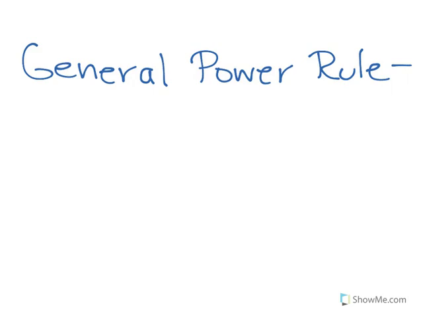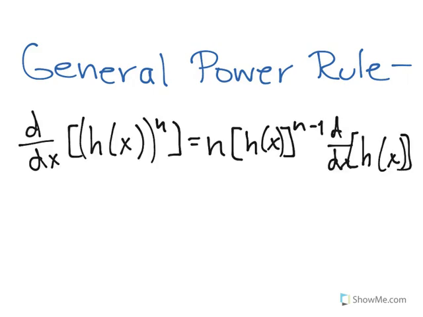The general power rule is as follows: the derivative of some function with respect to x, h of x raised to n, is equal to n times that function, now raised to n minus 1, times the derivative of that function with respect to x. Maybe that's a little bit confusing, but let's work an example out.